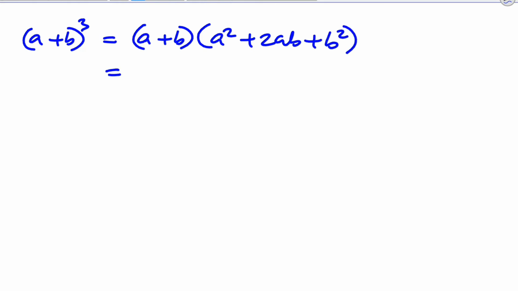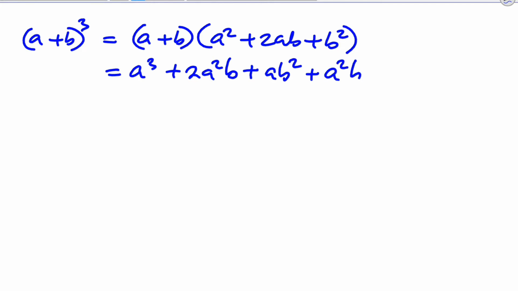If we multiply this out, we end up with a³ + 2a²b + ab² + a²b + 2ab² + b³.